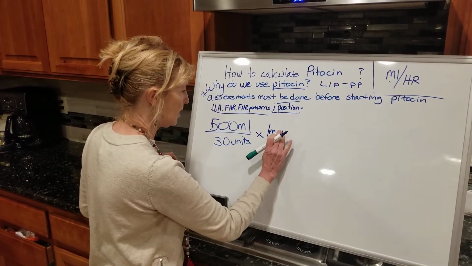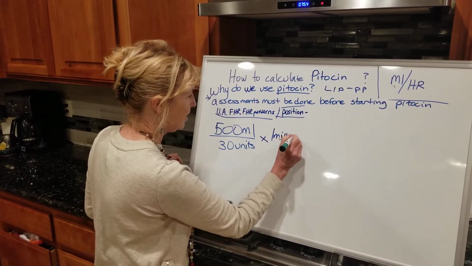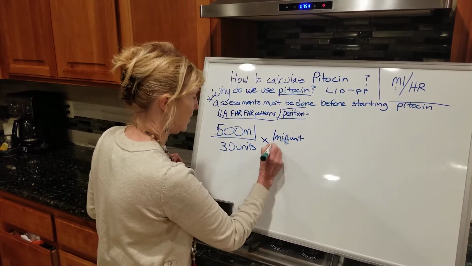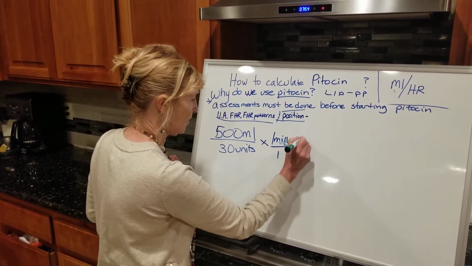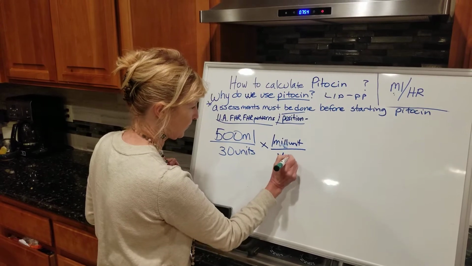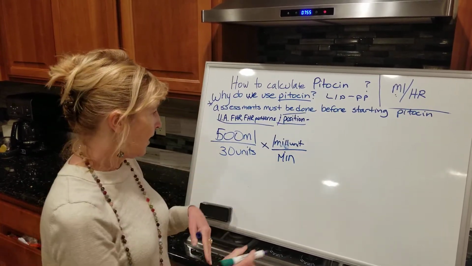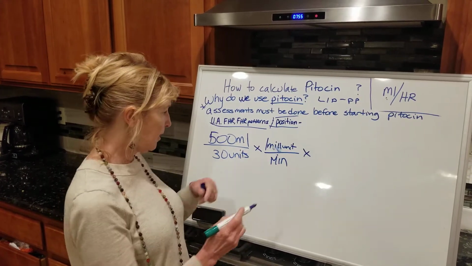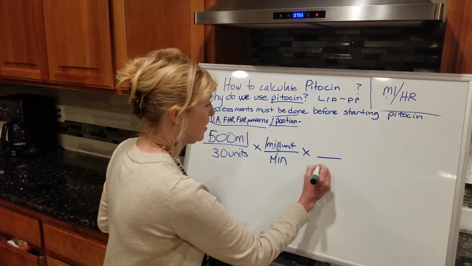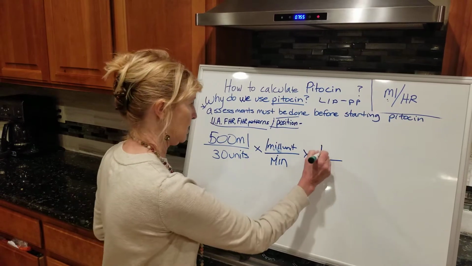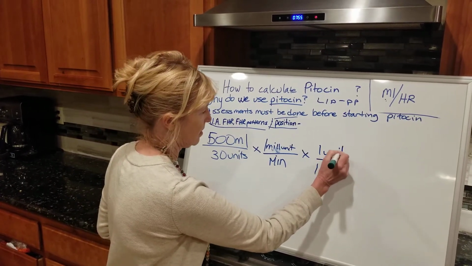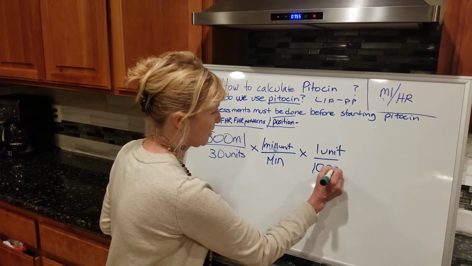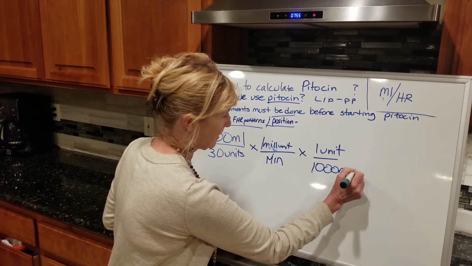So 1, and I'm going to write this out for you, milliunit per minute. Okay, now I need to know how many units are in a milliunit. So 1 unit is equal to 1,000 milliunits.